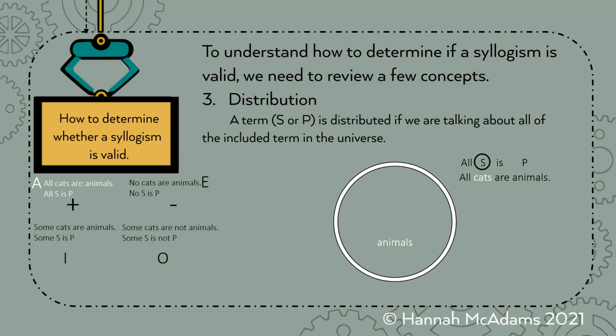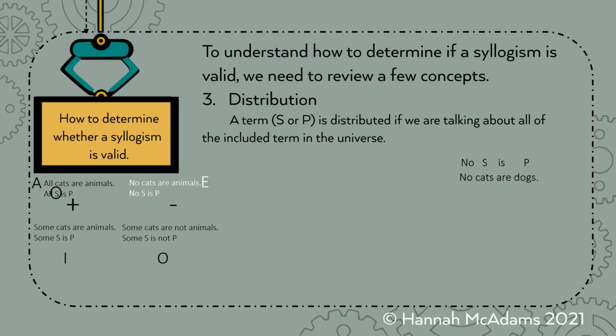Now, you don't have to understand this. That's the great thing about this. You can just memorize it, or you can make a chart and refer to the chart. I think eventually it'll be easy and natural and you'll understand it. But for now, if you don't understand, just know that in the A statements, the S is distributed. So circle that S in the A statement.